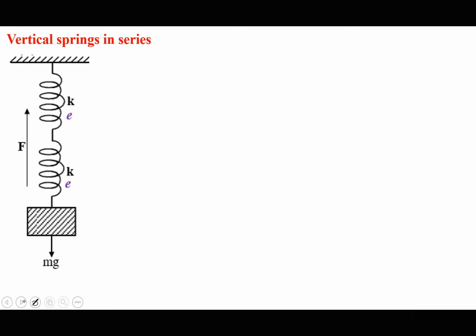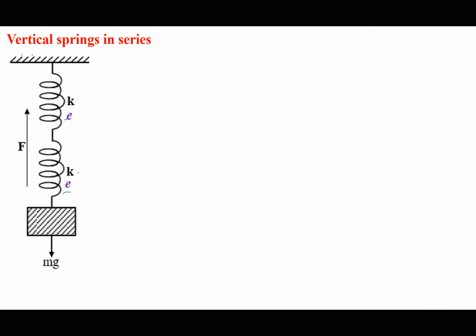If the system is given a further displacement x below the point of equilibrium, then it means the effective extension is going to be x, which is the sum of the extension in each of these springs. Then the total constant is going to be the effective constant for springs in series, using your ideas of AS.